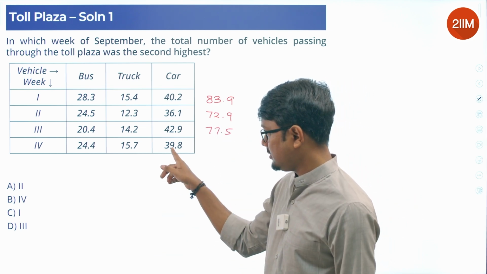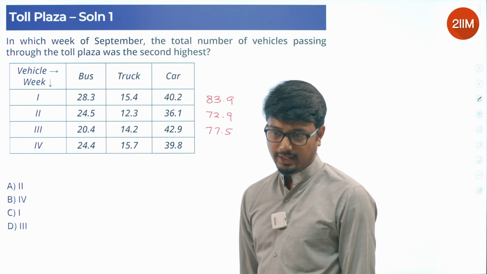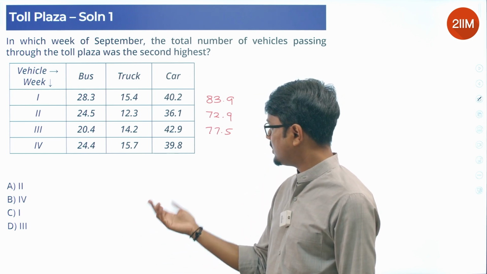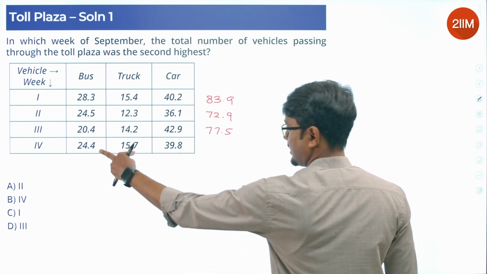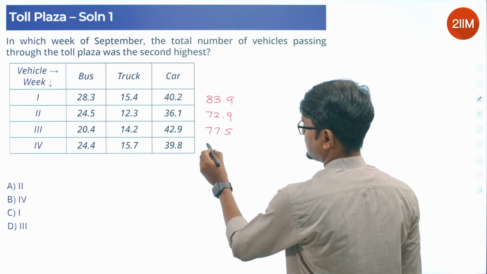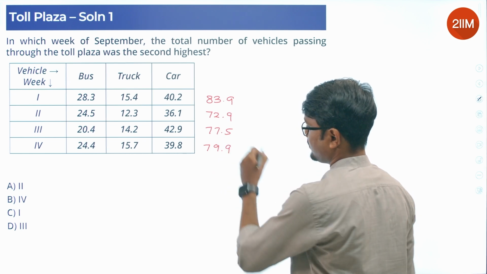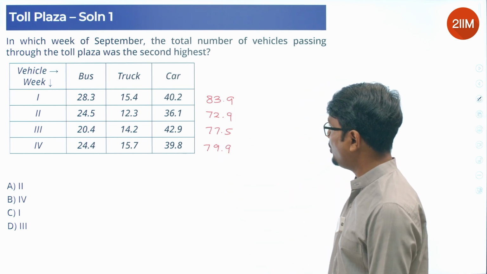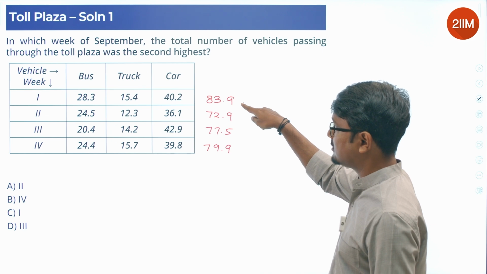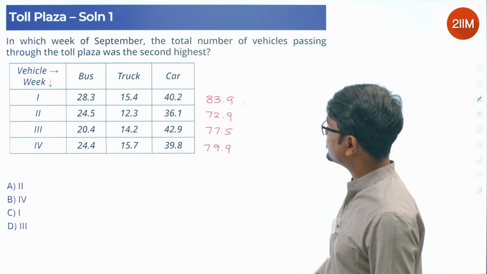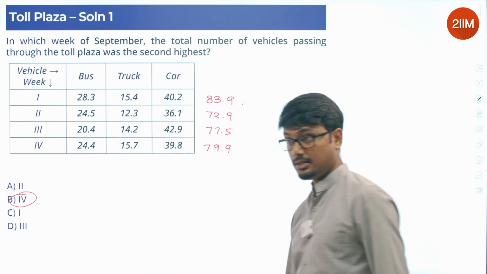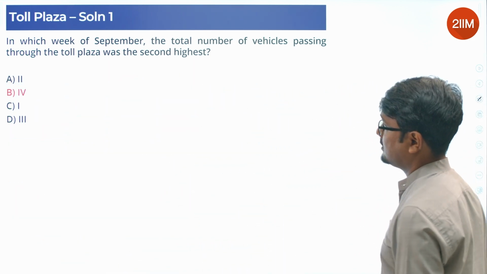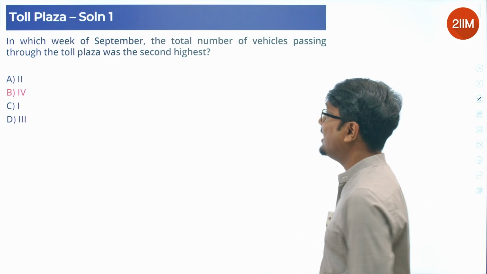Then 39, 24, plus 23 minus, plus 1 is 40, 63, 73, 78, then 79.1, then 79.9. Alright, so we got 4 values. The highest, and the second highest should be this one. Second highest should be option B. We'll check with the answer. Yep, option B is the right answer.